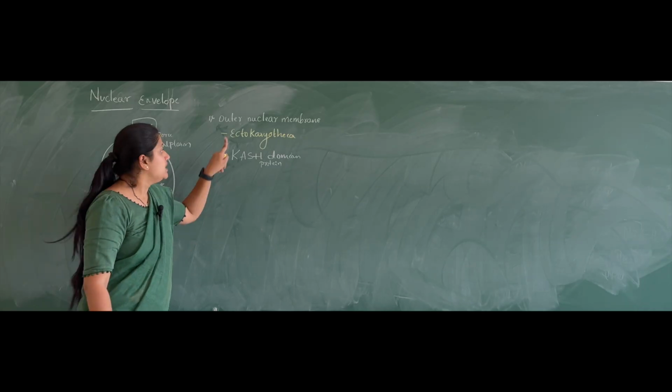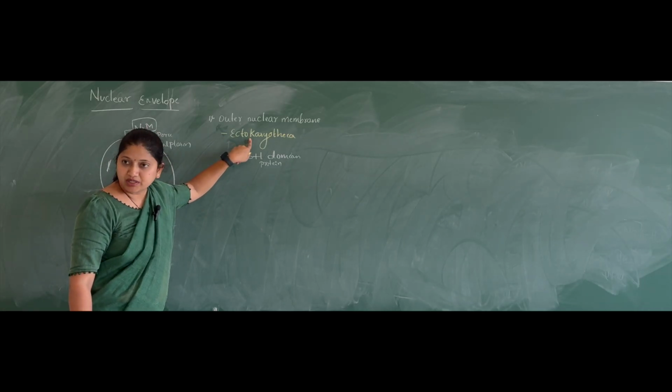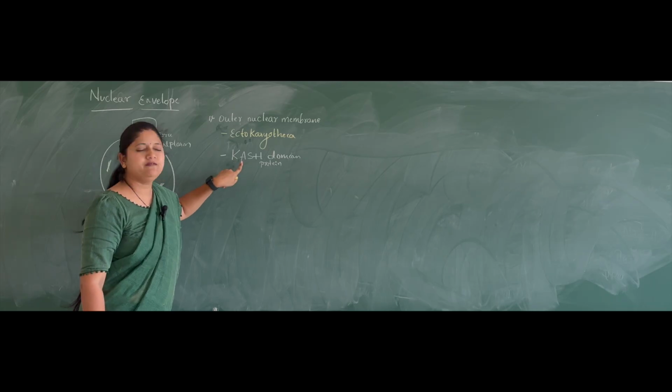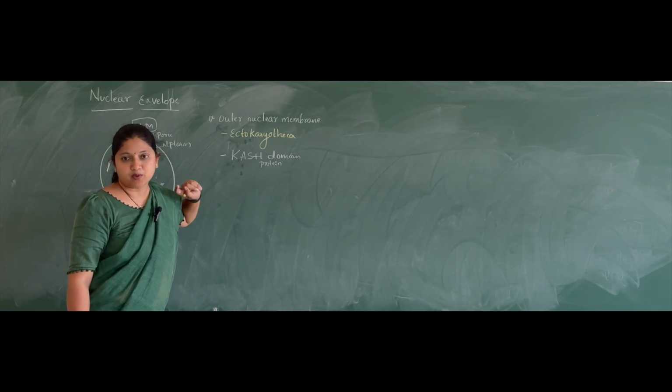Okay, so it is called the ectokaryotheca, and it specifically has the cache domain proteins.